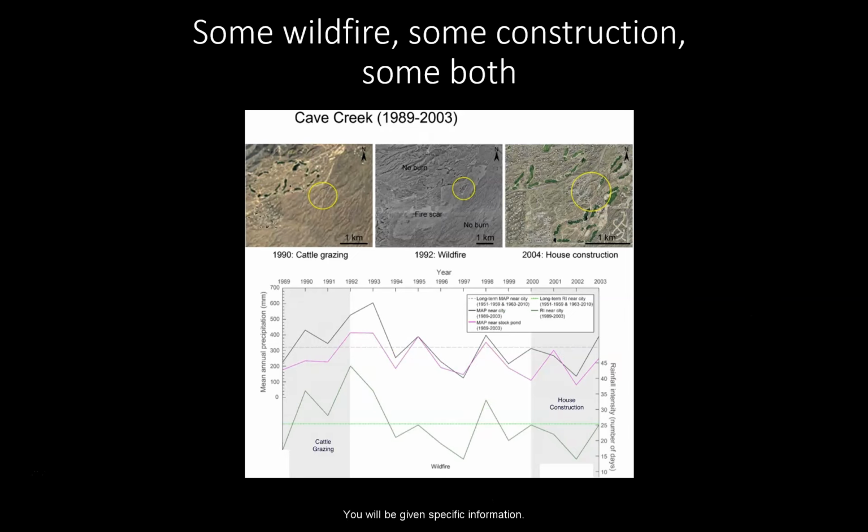You will be given specific information. This sort of graphical display just gives you an introduction to the study sites that you will be working on. You can see the wildfire change, you can see the house construction change, and you can get an idea of the land use that occurred in your study sites.